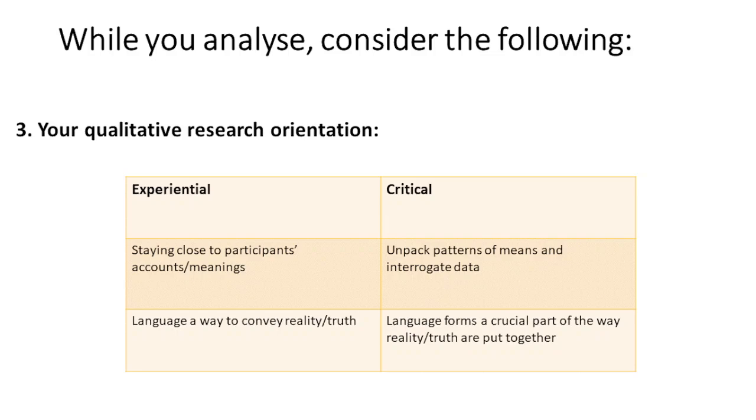Critical orientation typically is informed by the analytic orientation of hermeneutics of suspicion, which is where we ask critical questions of the data, meanings, and interrogate the claims and truth behind the data. So it draws heavily on you as a researcher and your theoretical resources.